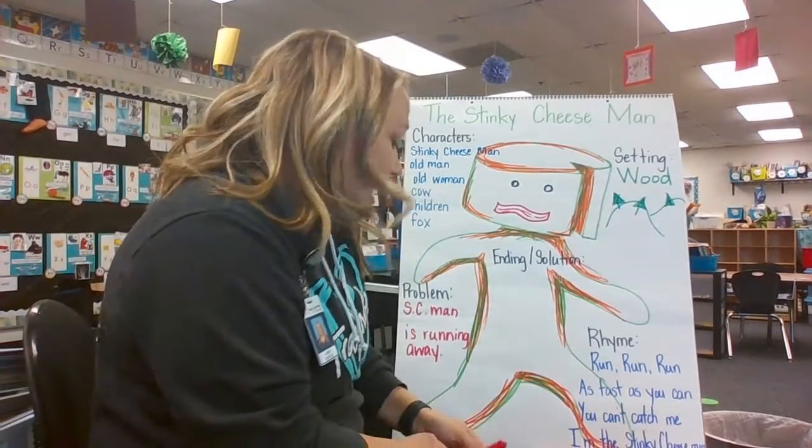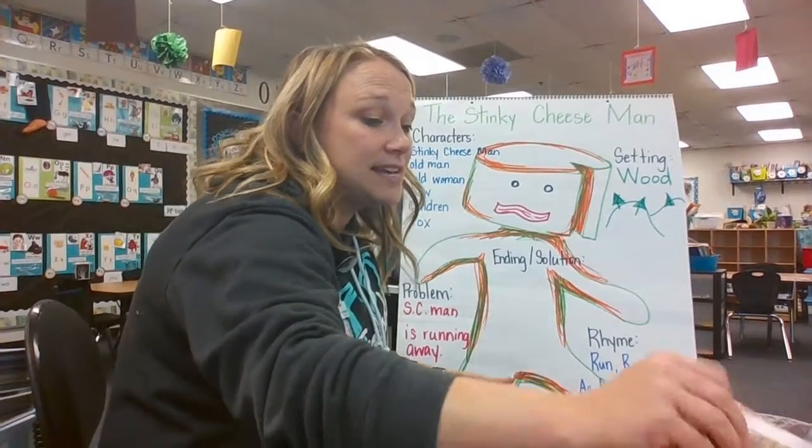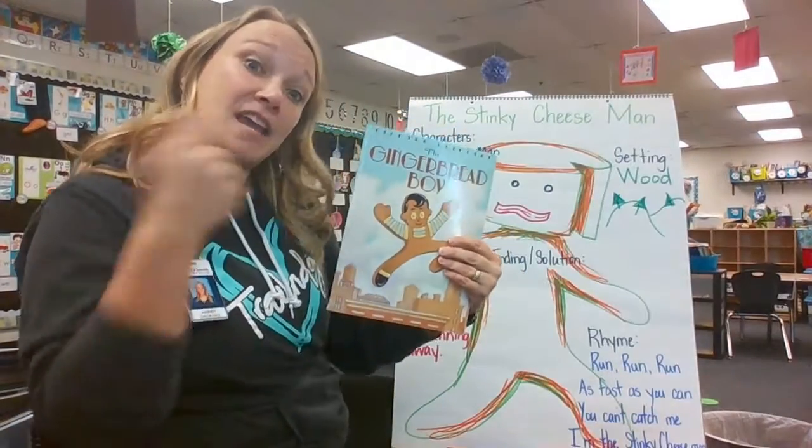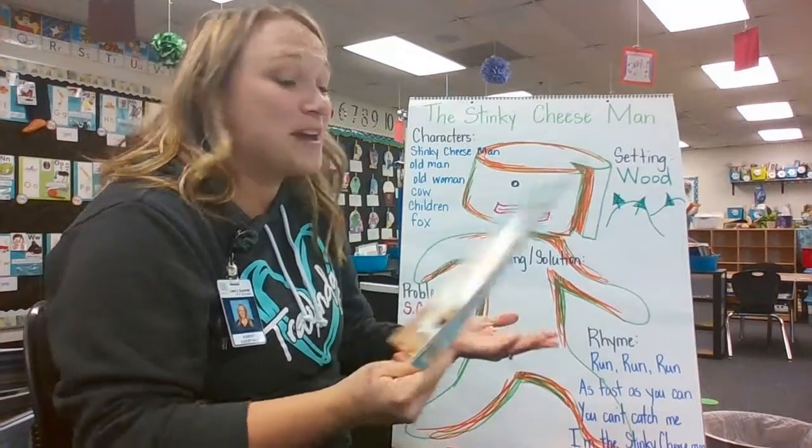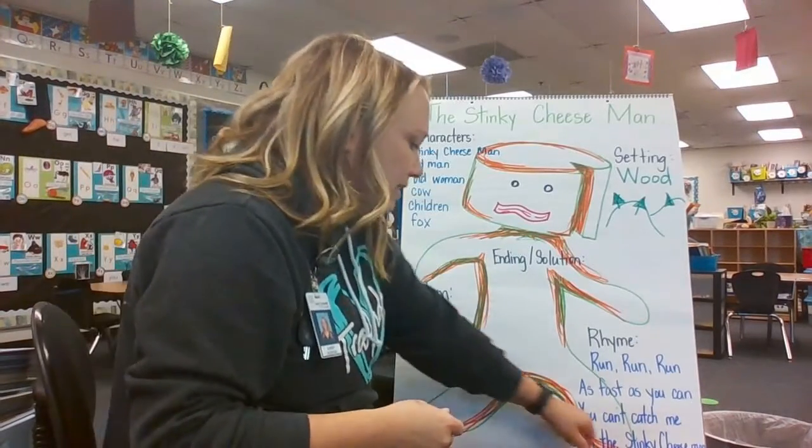How does this story end? Well, it does end with the fox, right? And it's the same as the gingerbread boy where the fox says, hey, jump onto my back, I'll carry you across the river safely. So let's add that fox.